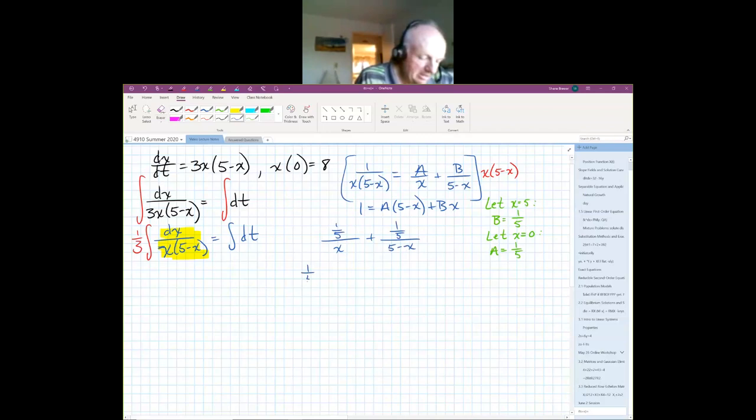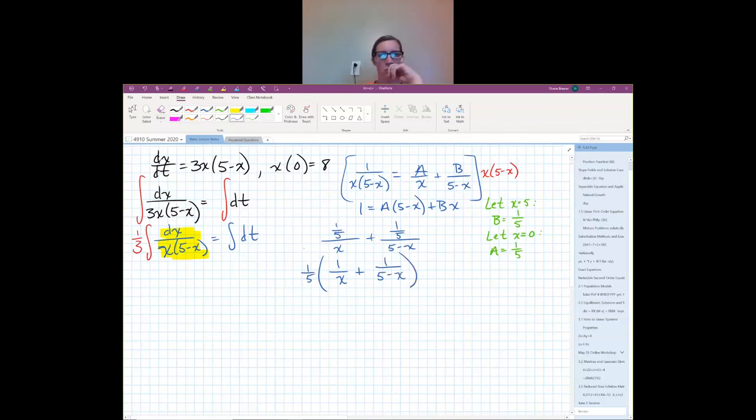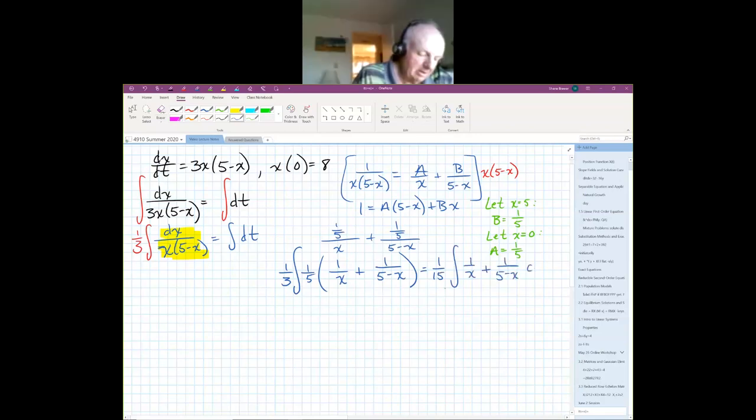Maybe the easiest is just to factor the 1/5s out of both of those, and now that joins the 1/3. So we're integrating 1 over x plus 1 over 5 minus x, and the 1/15th will have ln of x.